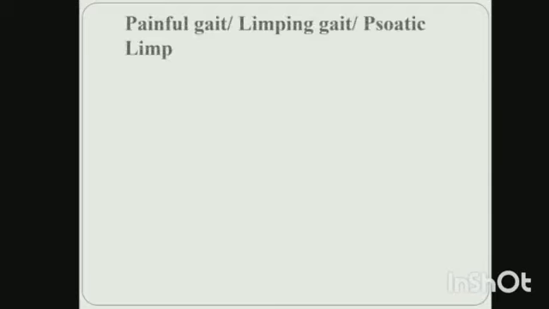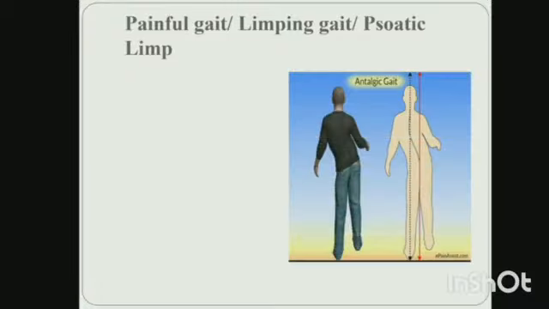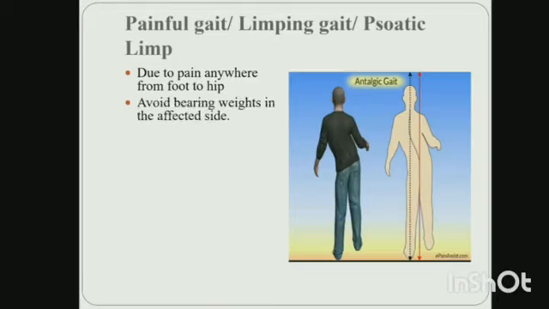Now the most common gait, the painful gait, limping gait or sciatic gait, which we also call antalgic gait. It is due to pain anywhere from foot to hip. The patient will avoid bearing weight on the affected side while walking.